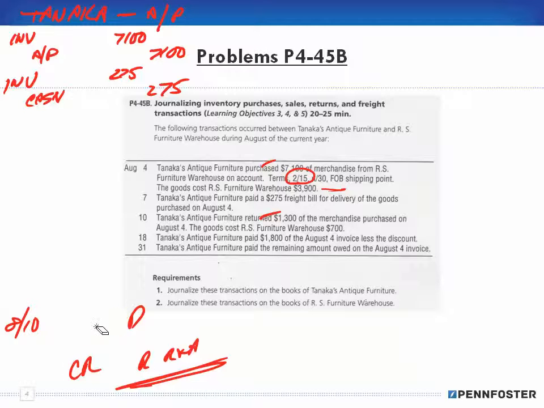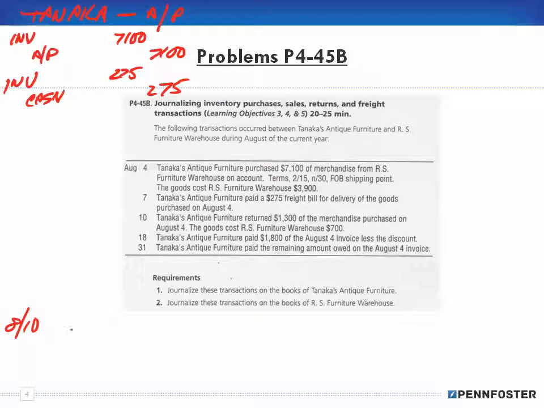If you go through the mental process, am I affecting cash? No, I'm not. What's the next part of the process? Am I affecting accounts payable and accounts receivable? Yes, I'm affecting accounts payable because I'm decreasing it, and therefore I debit my accounts payable for the 1,300, but now debits have to equal credits, so I'm going to credit something else.